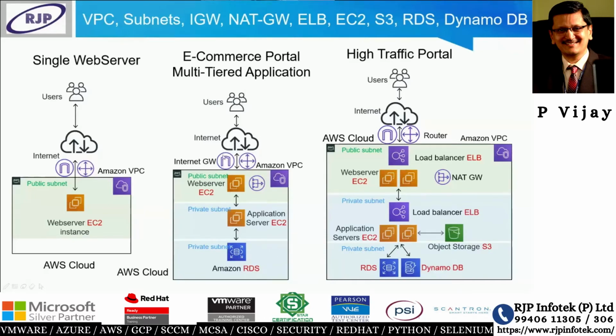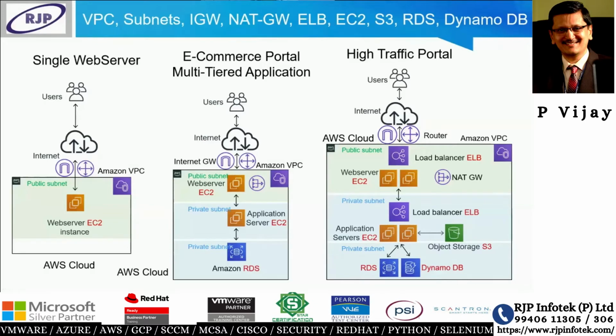If I have several networks, I need inter-network connectivity using the router. So my virtual private cloud with different networks will have a router which interconnects all of them. And the public network alone will have connectivity to the internet through the Internet Gateway.